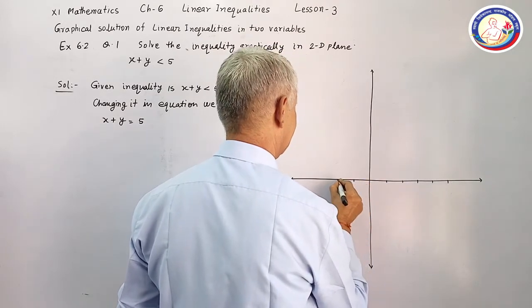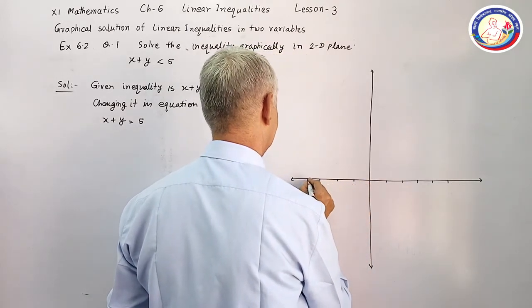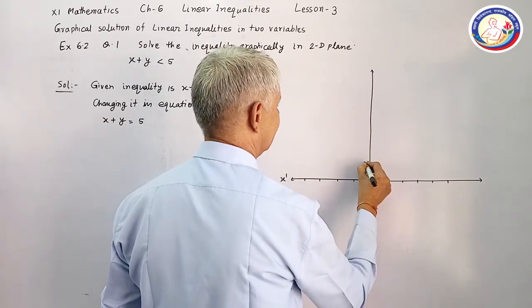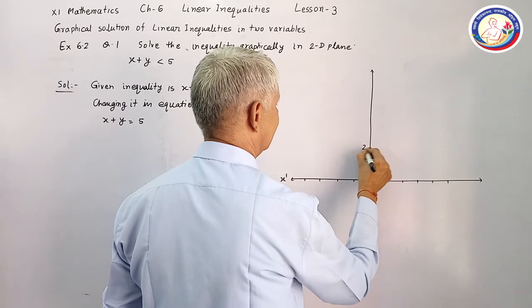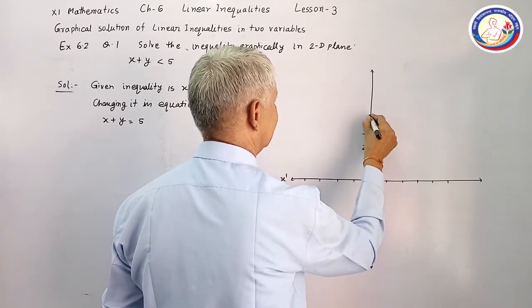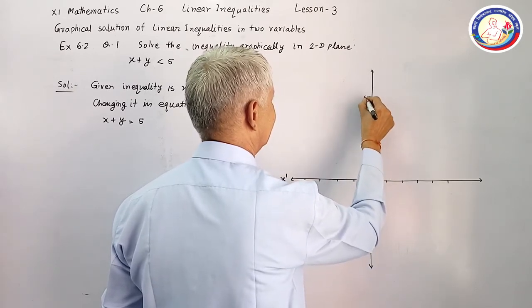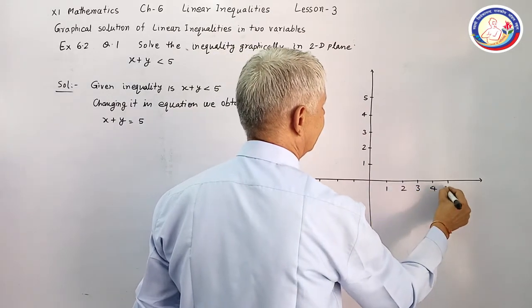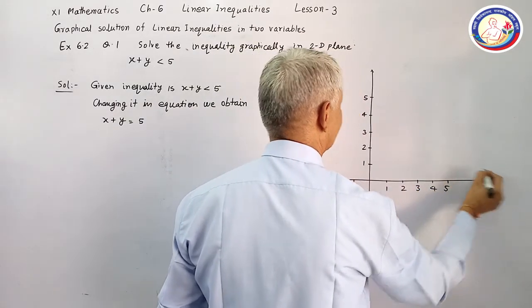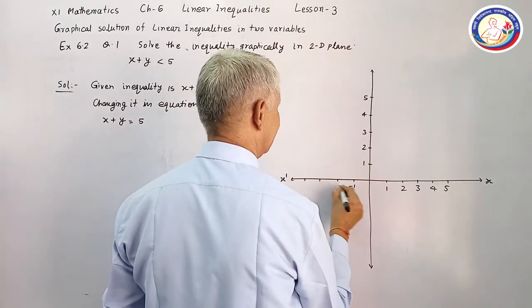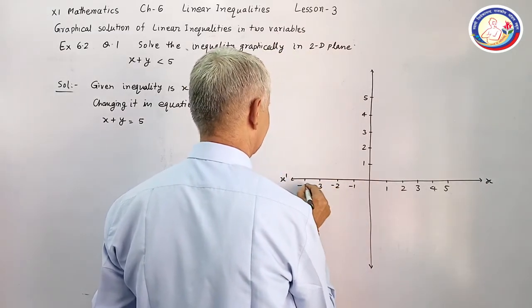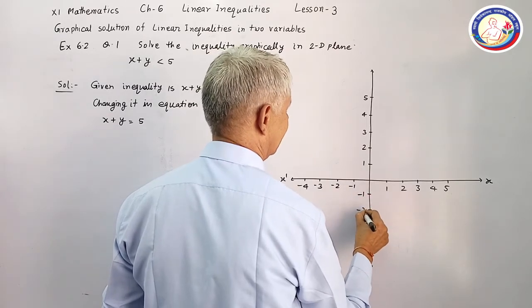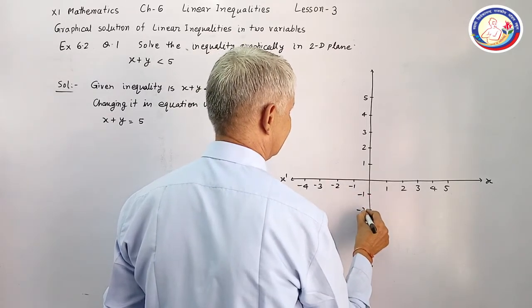This is -1, -2, -3, -4. And here 1, 2, 3, 4 and 5. This is values of x on positive side, and this is -1, -2, -3, -4. Similarly -1, -2, -3.